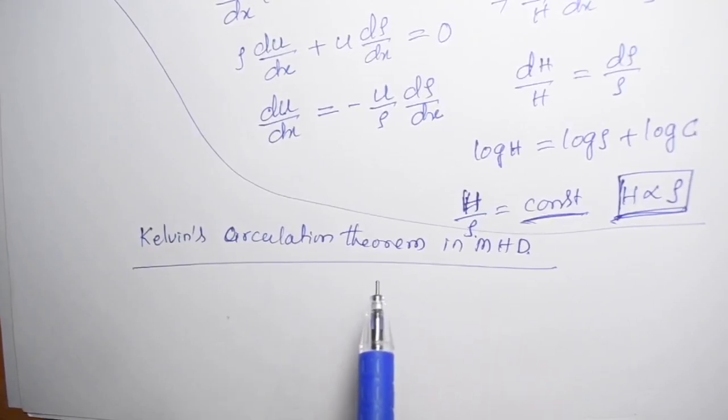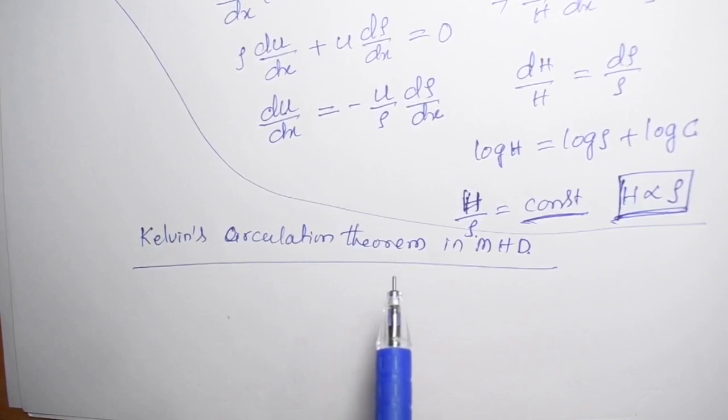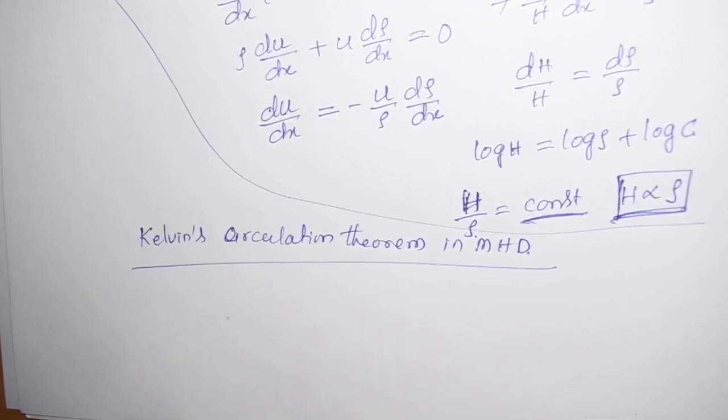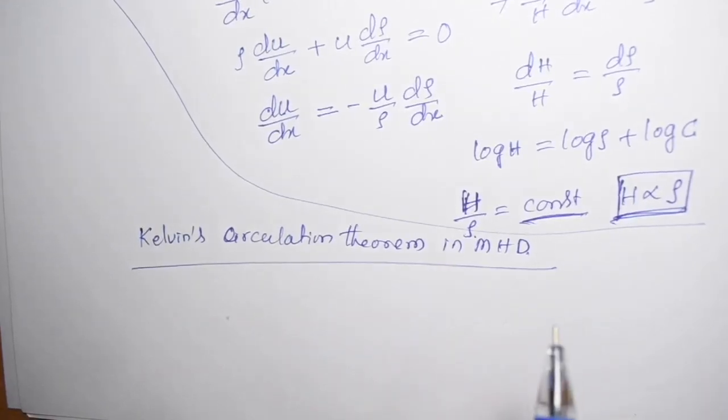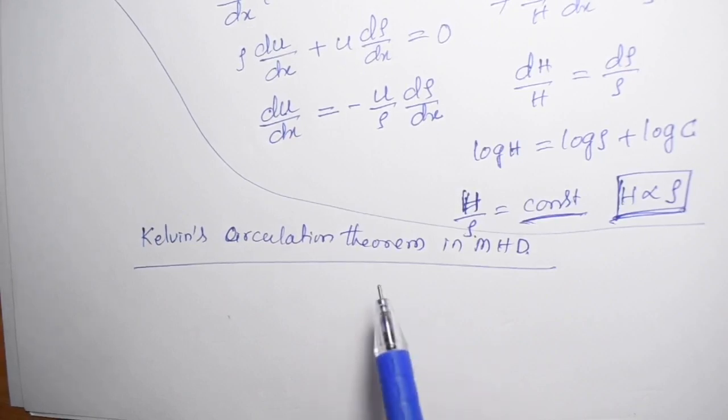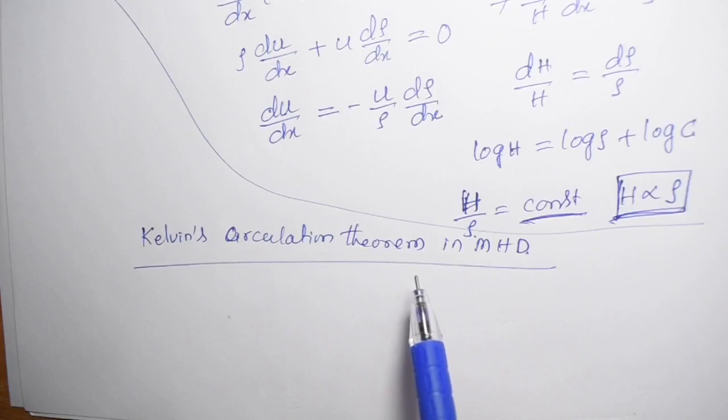You already proved it in your fluid mechanics. So what is the statement of Kelvin's circulation theorem in fluid mechanics? It says that the rate of change of circulation over a closed circuit is zero. So that is Kelvin's circulation theorem in fluid mechanics.